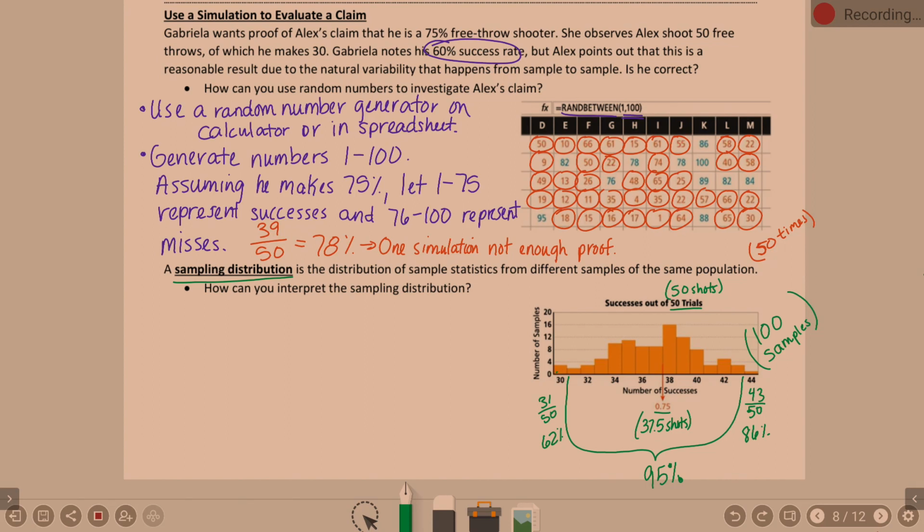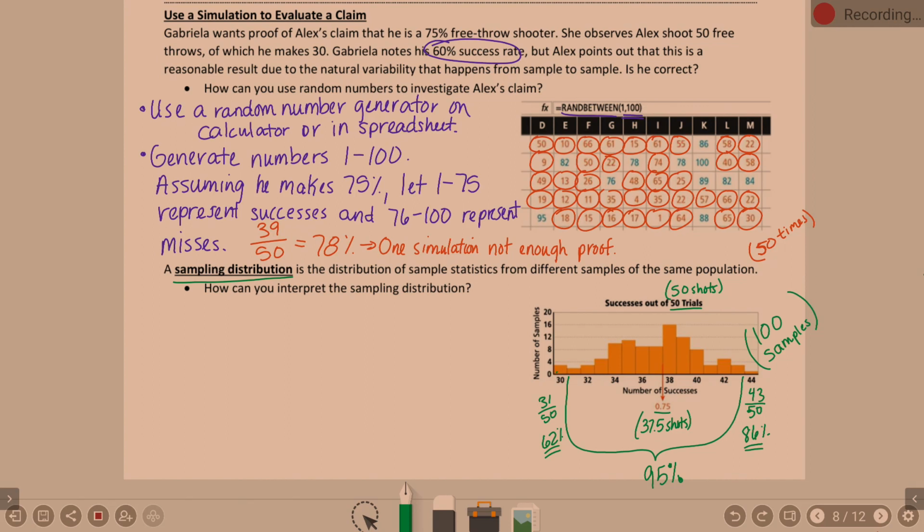Now, what we're saying here, if we're looking at 95% of the data, and we said that was between 31 shots and 43 shots, what percentages is that between? 62 and 86%. That's with his 75% there in the middle, yes? Now, does this support his claim that 60% is normal variability?